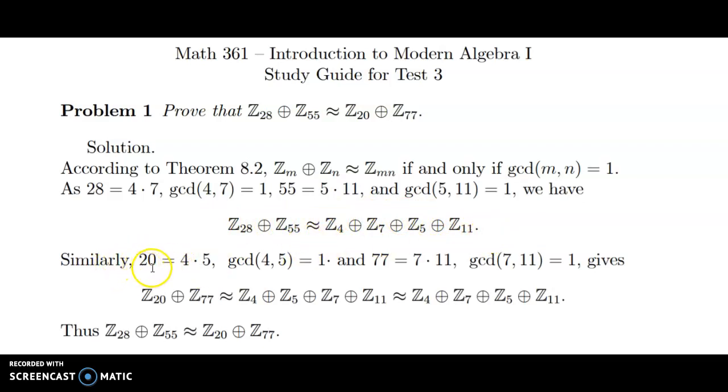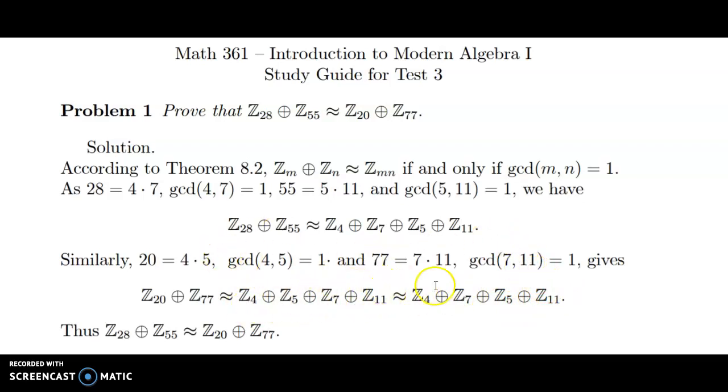And similarly, we work with 20 and 77. Split them as a product of prime powers and use the theorem. Z20 is Z4 plus Z5, and Z77 is isomorphic to Z7 plus Z11. And if you switch the order of some factors, you get isomorphic groups.